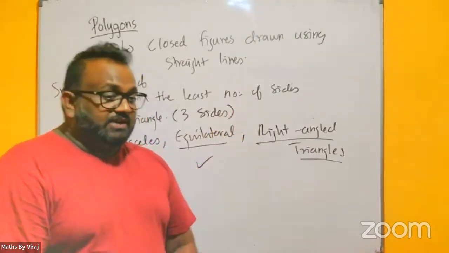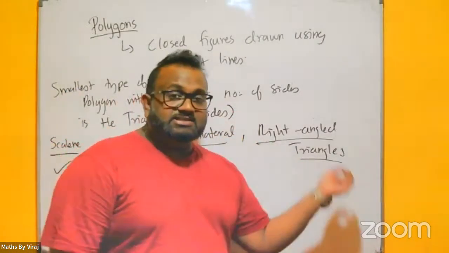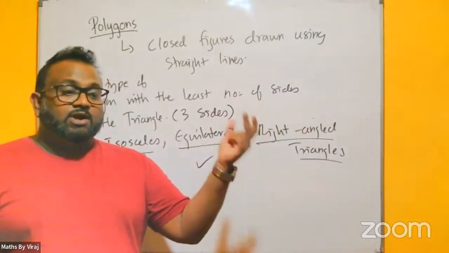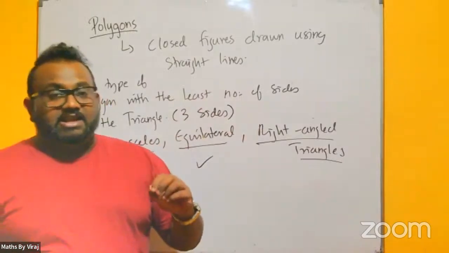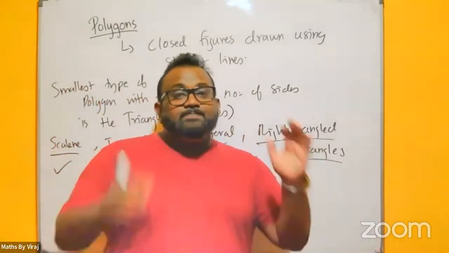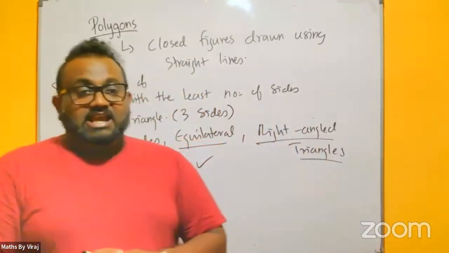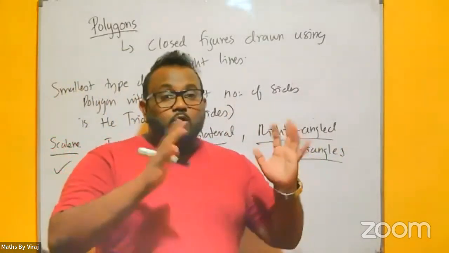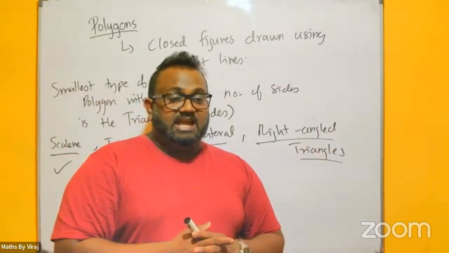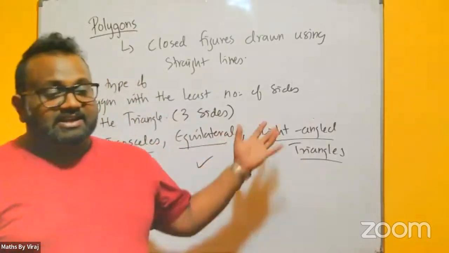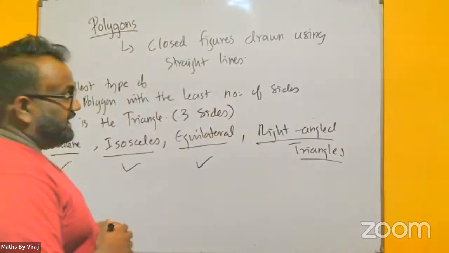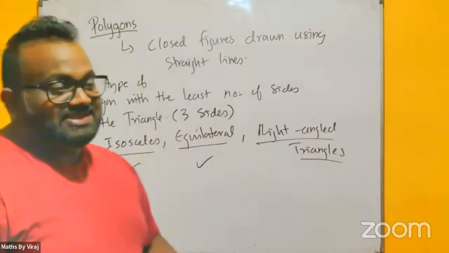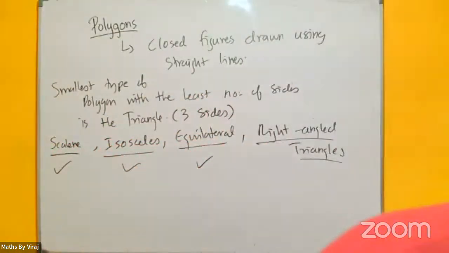But right angle triangles are subdivided into three portions based on the size of the angle. If it is less than 90, acute angle triangles. If it is more than 90, obtuse angle triangles. And if it is exactly 90, right angle triangles. So all these subdivisions we will be talking about today. For the time being, please take it down. Very simple and very easy. Take it down, children.